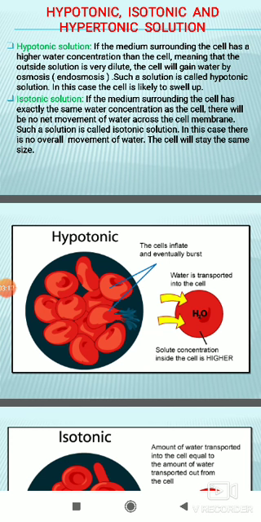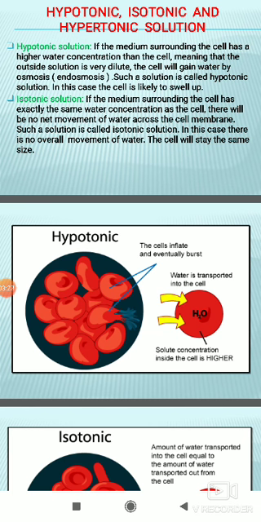You all know that due to osmosis the water molecules will move from higher concentration to lower concentration. So you can see in this figure the yellow arrow, what is it showing? It is showing that water is transported from outside into the cell.